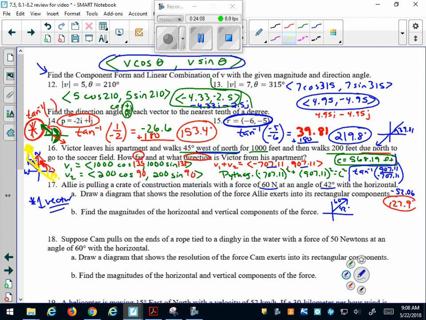Okay? So the magnitudes of the horizontal and vertical are just going to be 60 cosine 42 and 60 sine 42. So horizontal is 44.59, that's our x, and vertical is 40.15, that's our y.